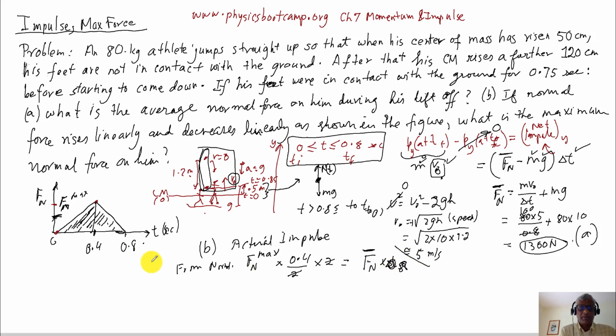So the maximum is actually twice the average, 2 times Fn average, which is 2600 Newton. So this is B.